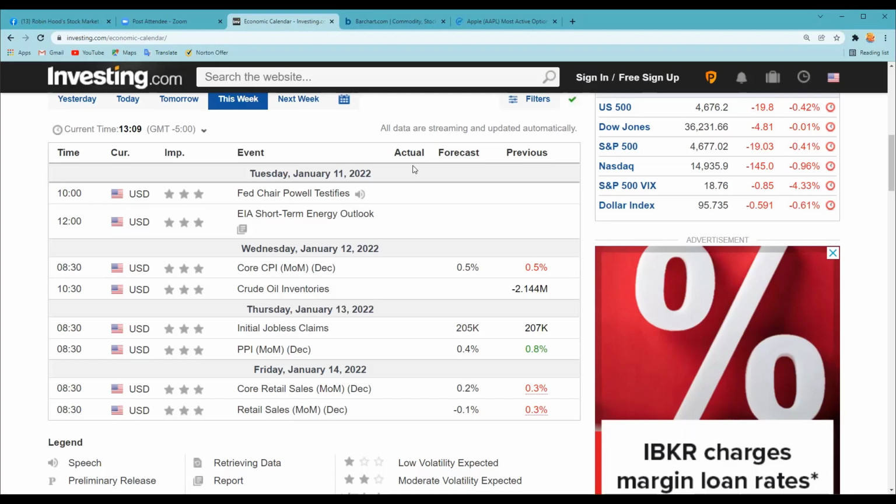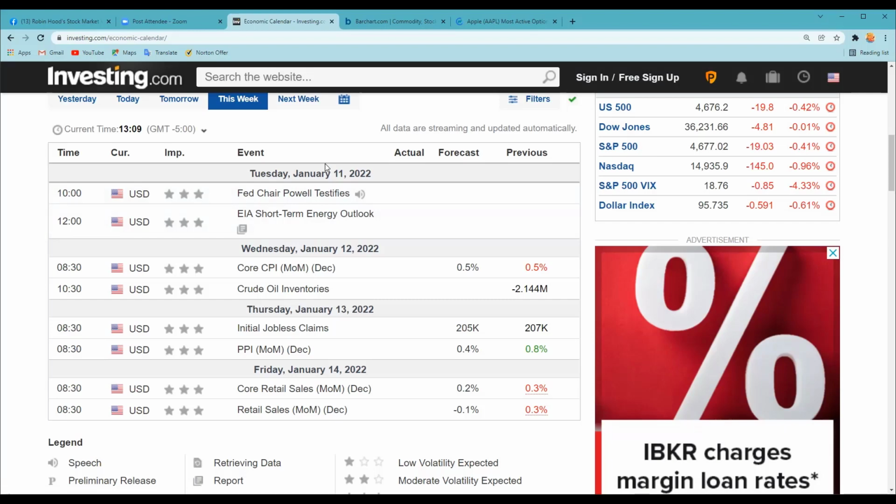Especially with the news giving clues that China can take over Taiwan, Russia can take over Ukraine. That can cause a huge, massive drop in the entire stock market system that will outweigh this. But for the majority, the economic reports outweigh pretty much everything else. Not seeing anything scheduled for Monday is typical.